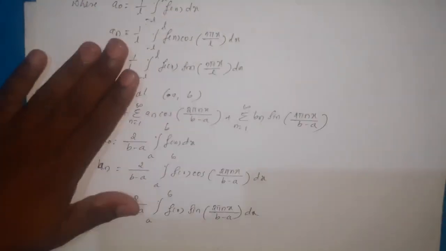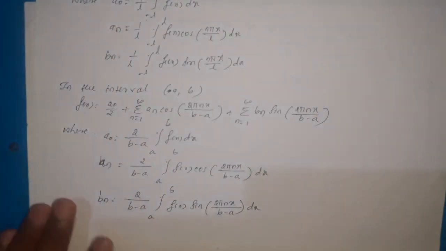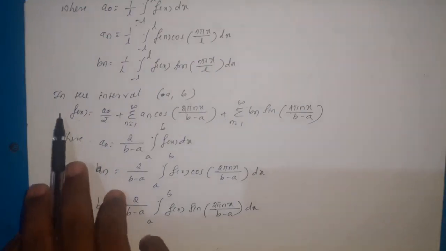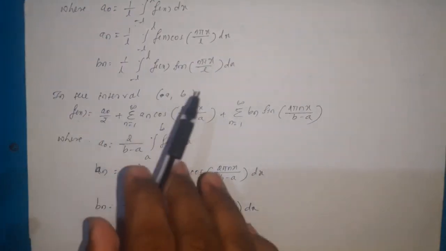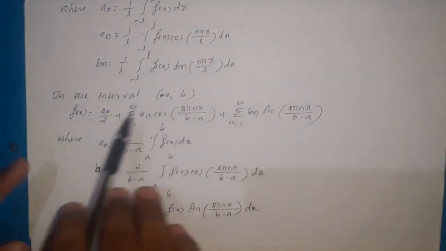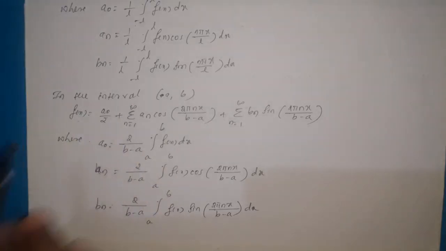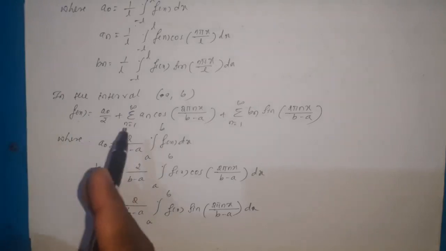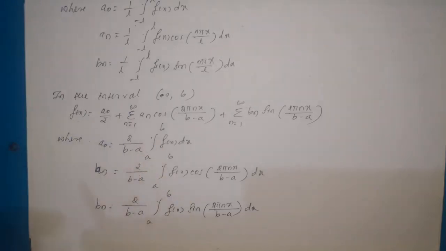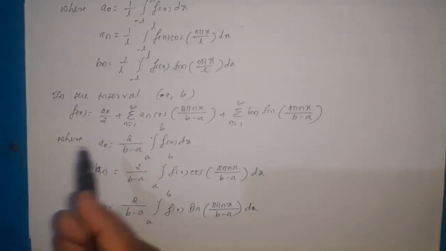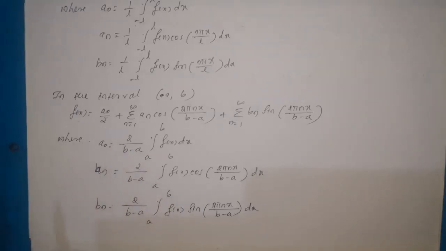So therefore here this is the formula in the interval a to b. This formula is in general, which is applicable for each and every interval, whatever may be the interval. It may be a to a plus 2L or 0 to 2L or minus L to plus L, 0 to pi, minus pi to pi, or 0 to 2 pi, whatever may be the interval.